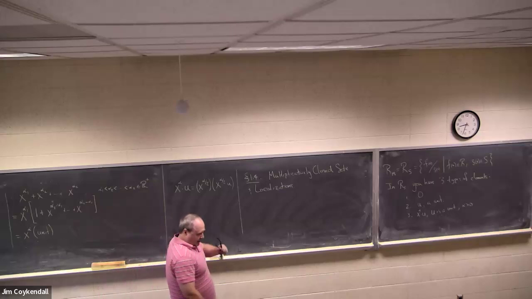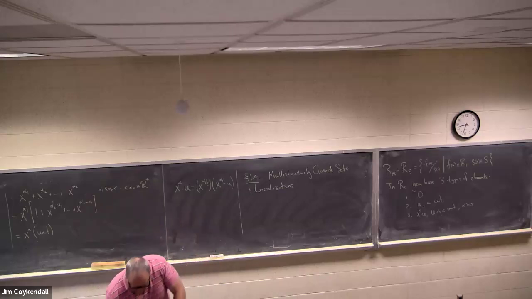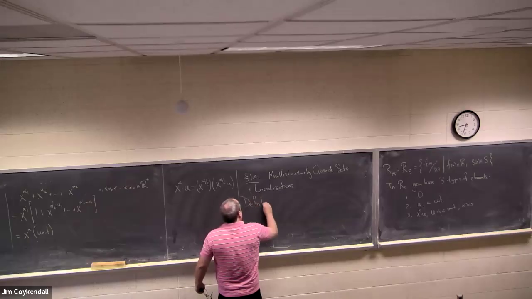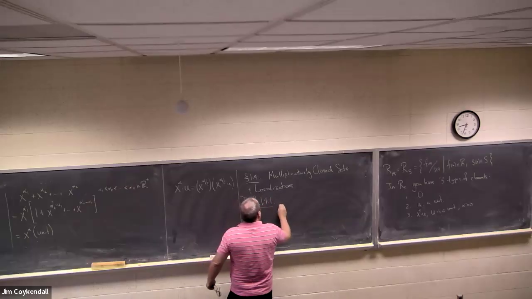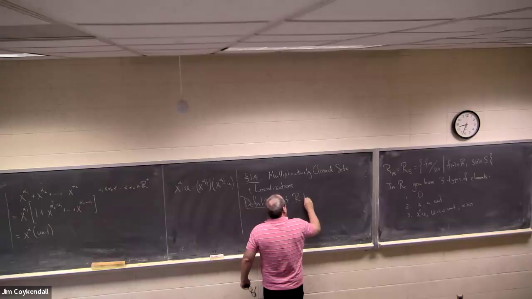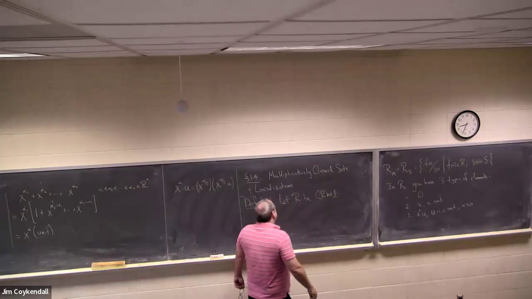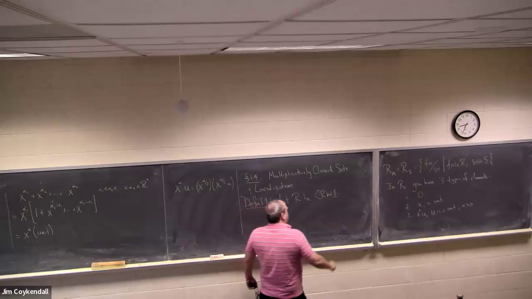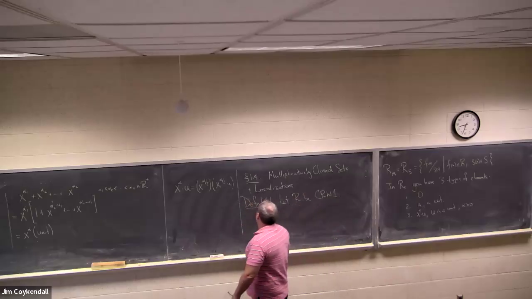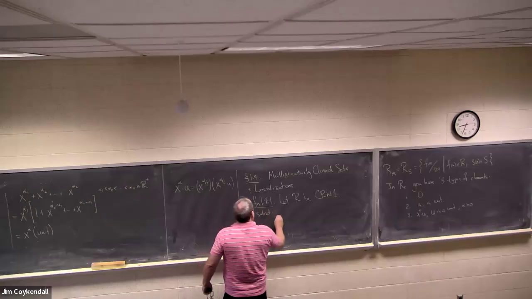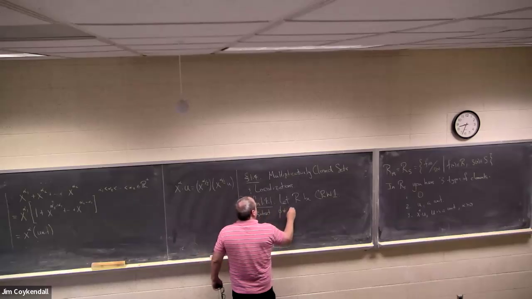Let R be a commutative ring with one. Let S be a subset, not the empty set.